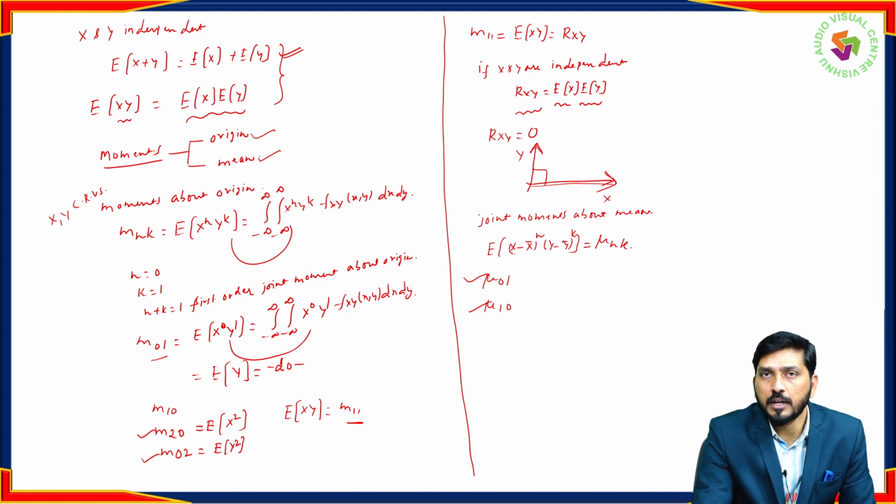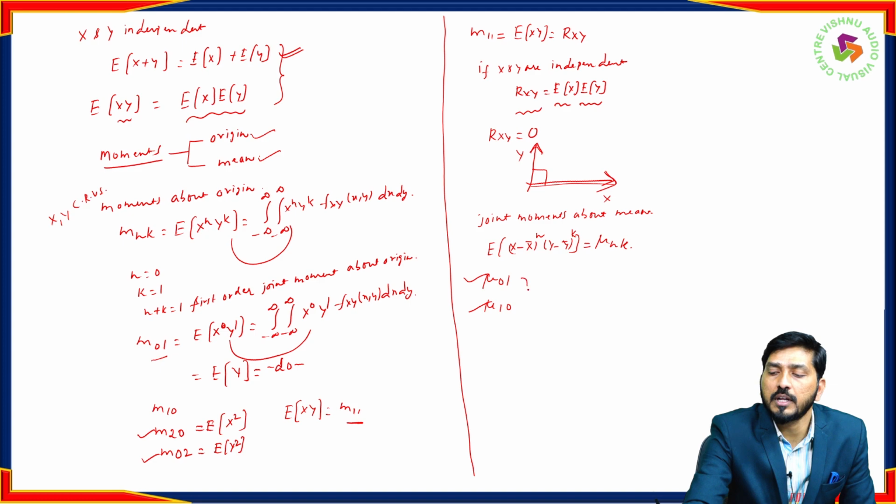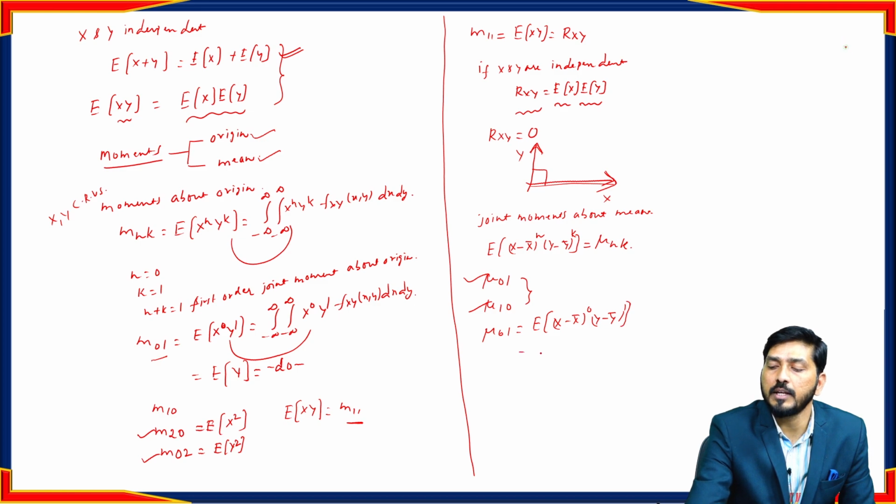It can be represented as mu 01 is equal to expectation of x minus x bar power 0 and y minus y bar power 1, which finally is expectation of y minus y bar.